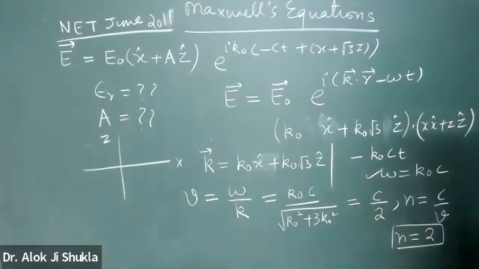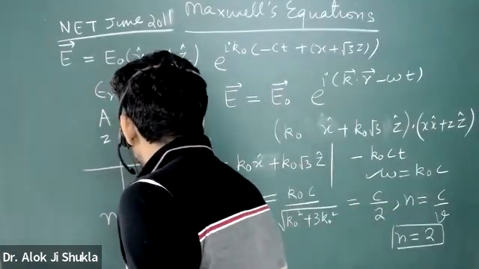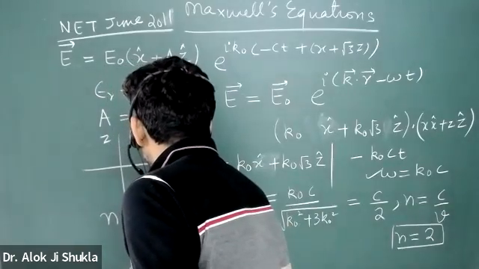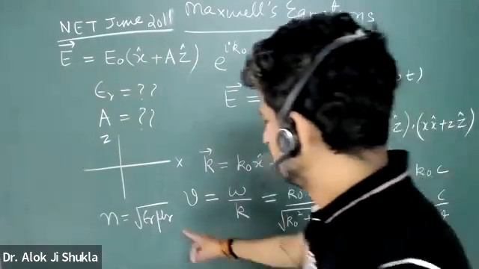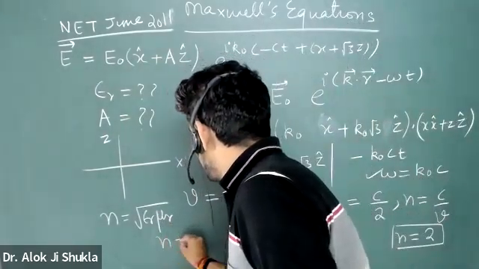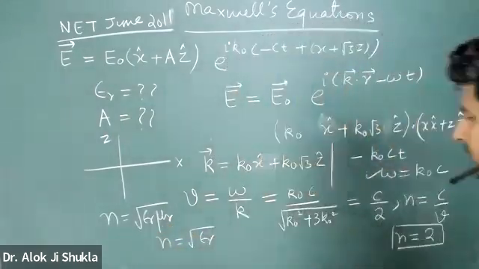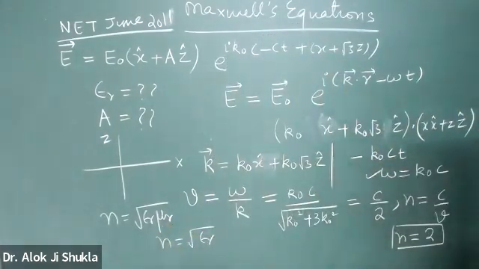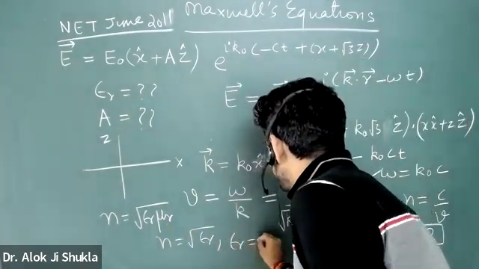So now refractive index is equal to under root of epsilon r mu r. For non-magnetic material, it will be equal to under root epsilon r because mu r is 1. So n squared gives epsilon r, how much did you get? 4.